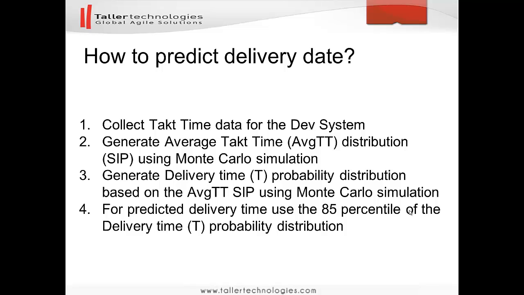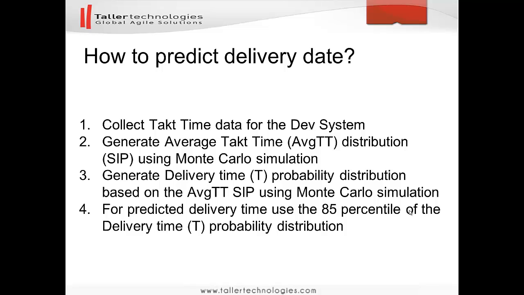Then when we have the SIP, we can take the third step, which starts when we have a new project to plan. Then we will generate delivery time probability distribution based on the average takt time SIP, again using Monte Carlo simulation.